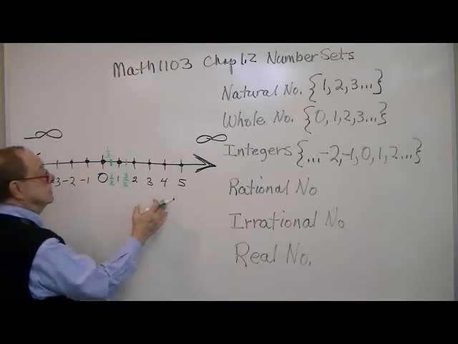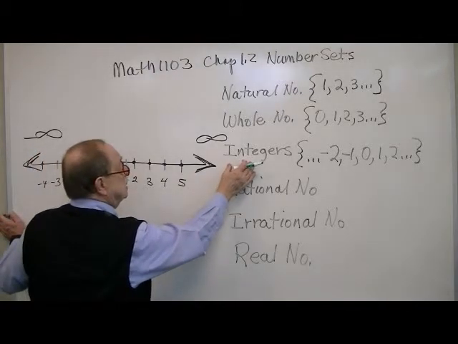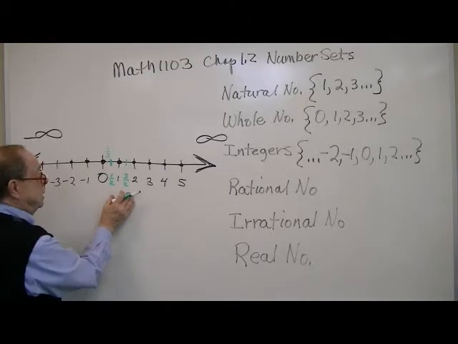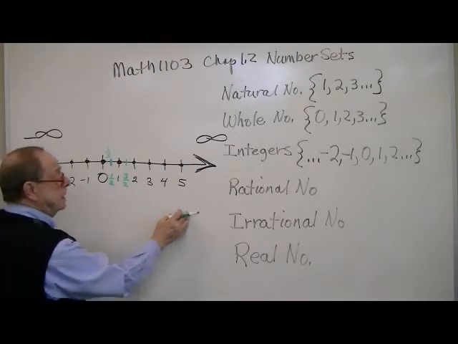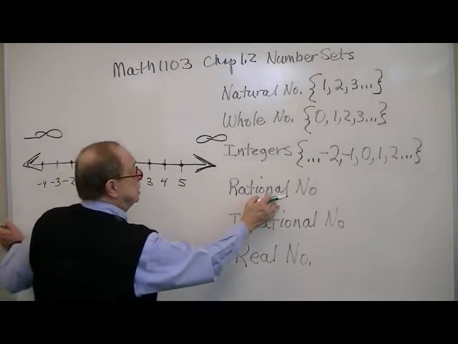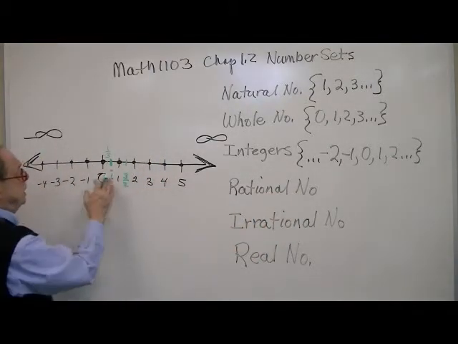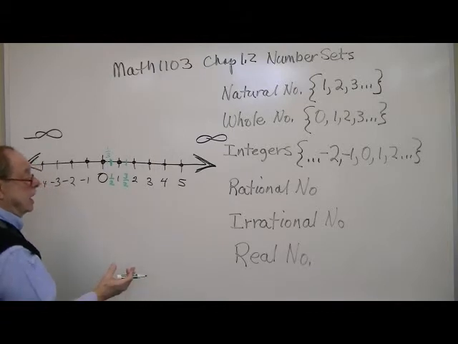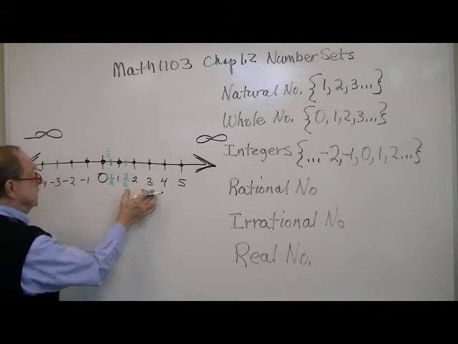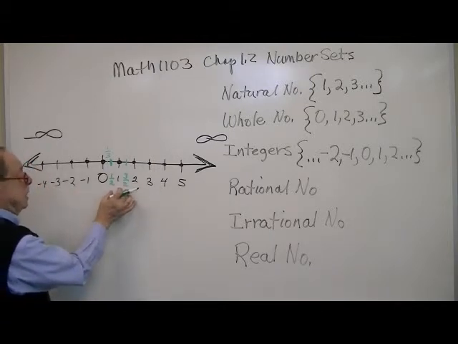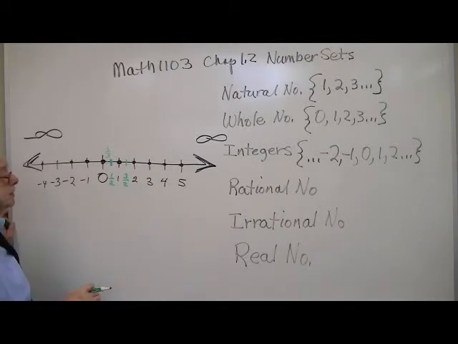And these fractions that come between integers, we usually refer to as rational numbers. So these are the numbers on the number line that are not, in a sense, integers. They are between integers.